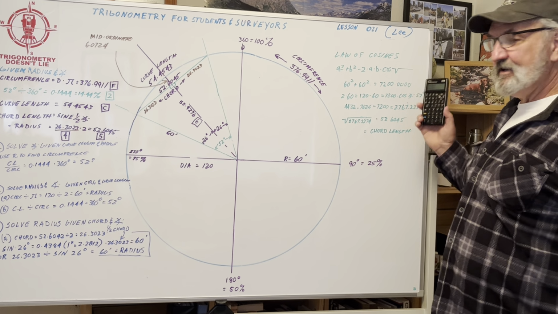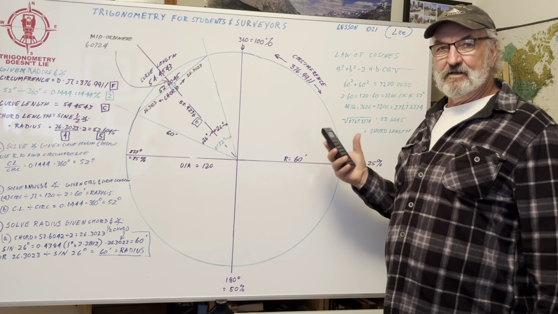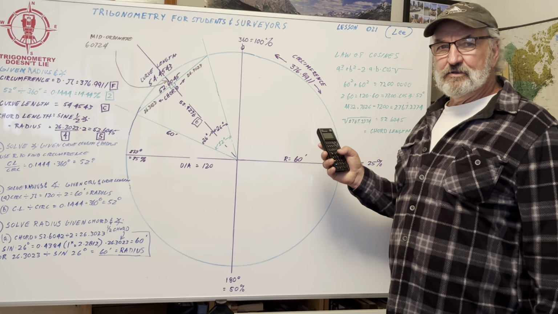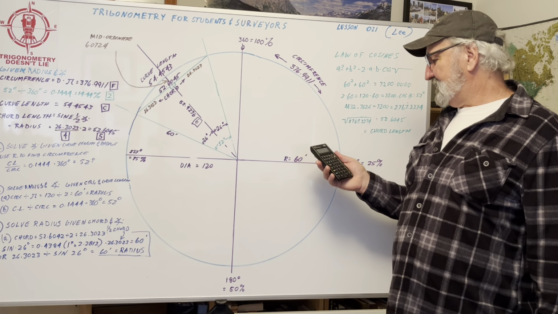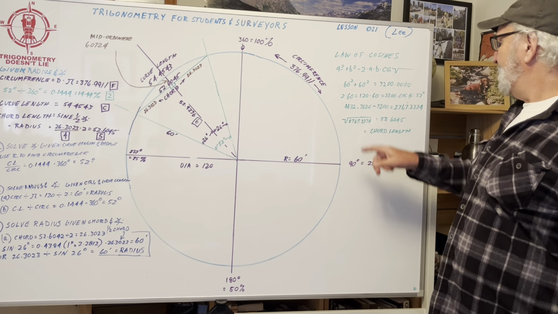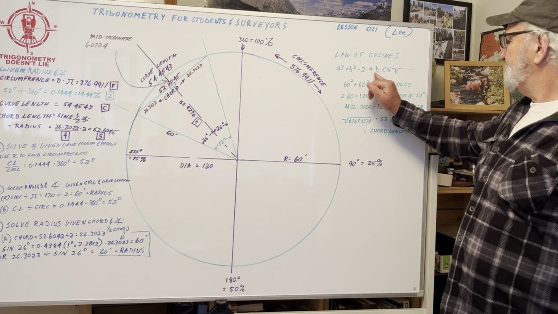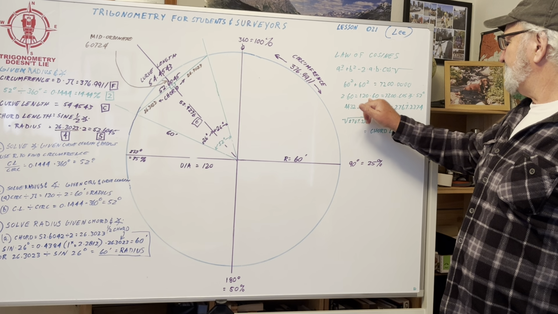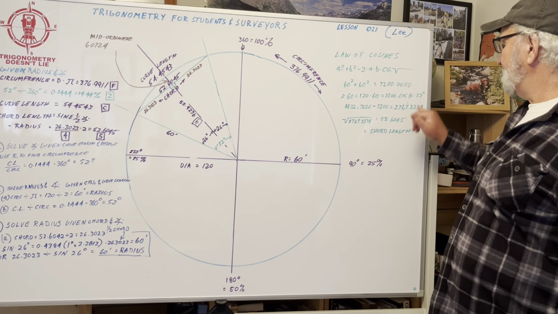If you're running a calculator like this, you can just run the whole formula out and solve it at the end. The free 42 for the iPhone and the other phones do the same thing, a little bit different. Then you want to go a squared plus b squared minus 2. So I enter 2 times 60 equals 120 times 60 equals 7,200 times the cosine of the angle.